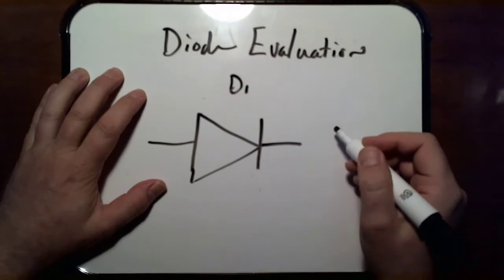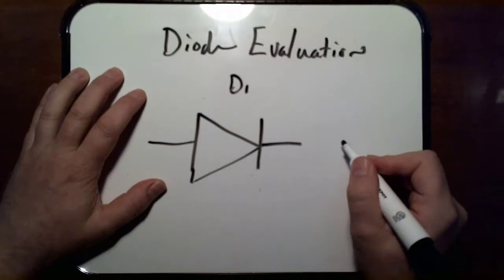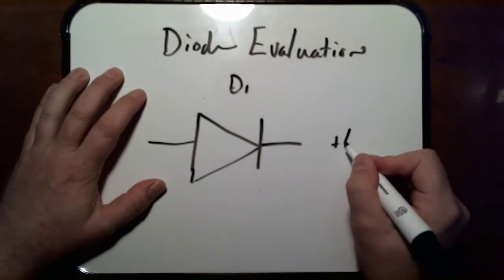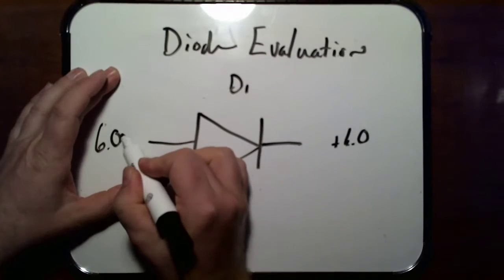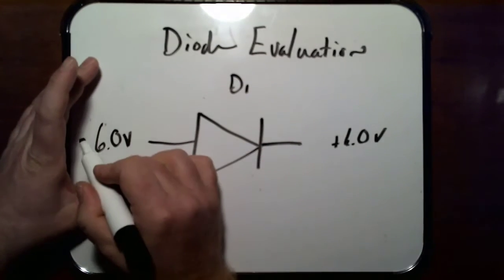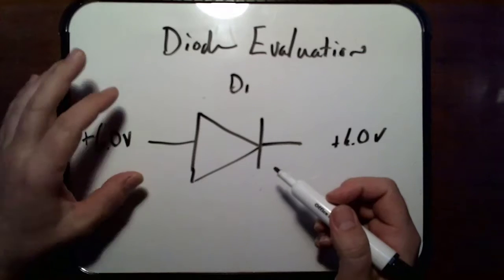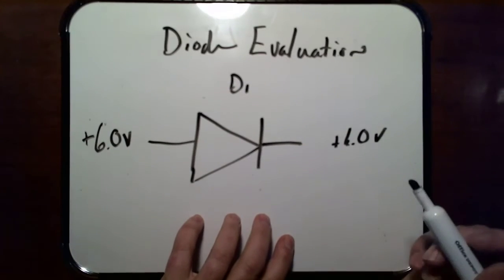So here D1 is a diode, and I'm going to say that it's got plus 6 volts. We have polarities in our voltages too. We can have negative voltages, so we have to be aware of that.